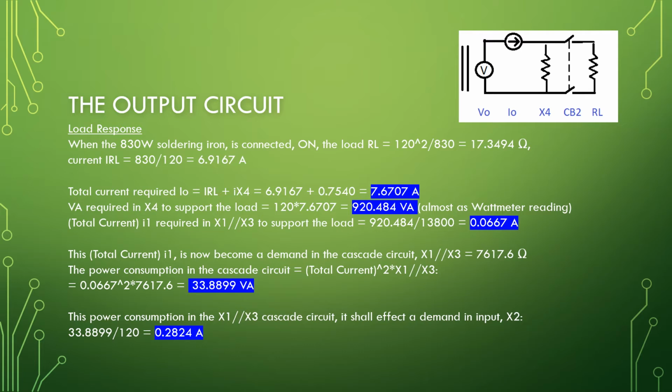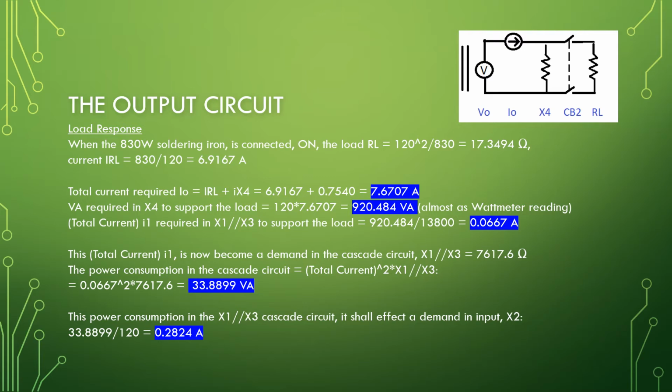VA required in X4 to support the load equals 120 times 7.6707 equals 920.484 VA, almost the same reading as the wattmeter.